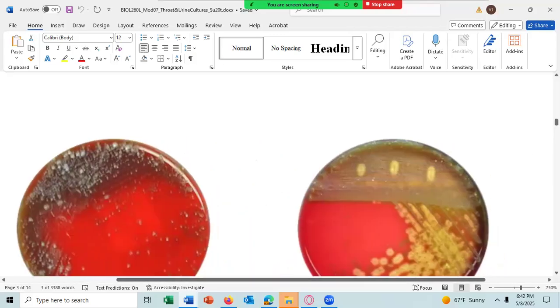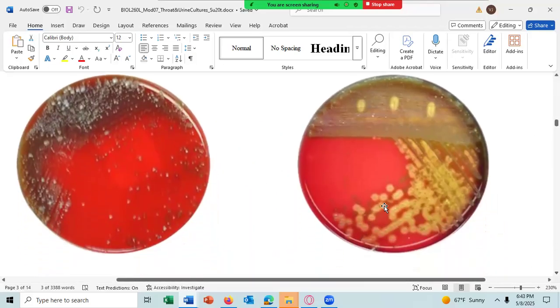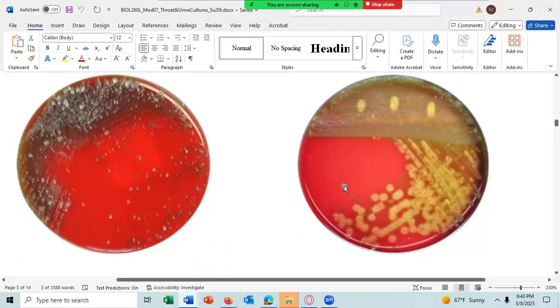This plate is showing you a small white colony right there in the center, surrounded by a much larger clear zone where the blood cells have been lysed, or complete beta hemolysis. That colony there doesn't have beta hemolysis. That colony actually has alpha hemolysis. You can see a dark ring surrounding the white or off-white colony.